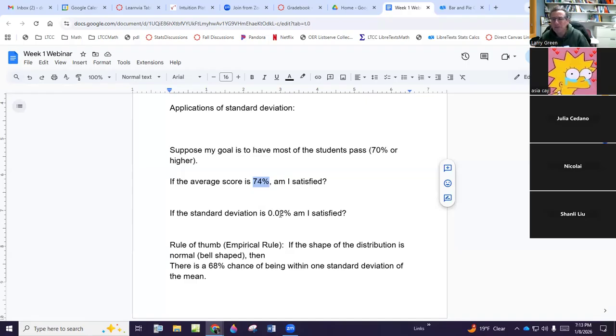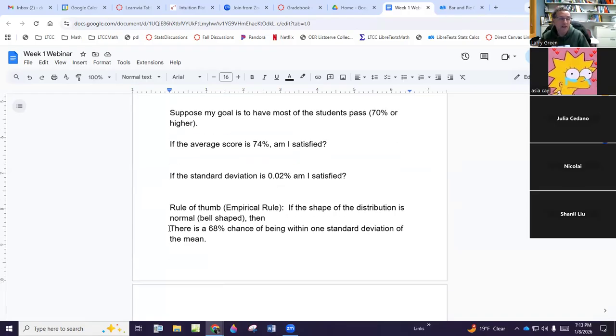So just about everyone passed the class. You all got C's. You may not be happy, but I'm happy you all passed. That's what I want. Do you see that? Okay. So without knowing the standard deviation, it's really hard to understand what the data is doing. You need to know the mean and the standard deviation. And I've mentioned this already. If you have a bell-shaped curve, normal curve, then you have a 68% chance of being within one standard deviation of the mean.